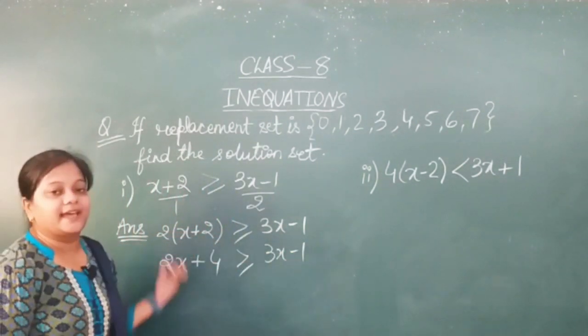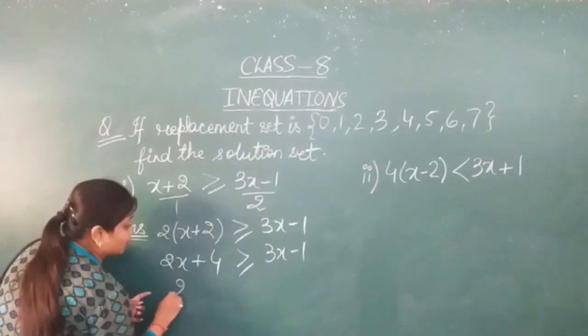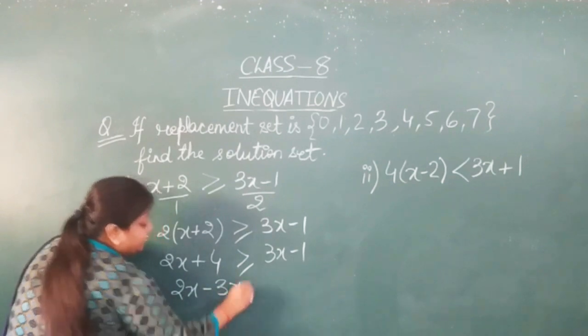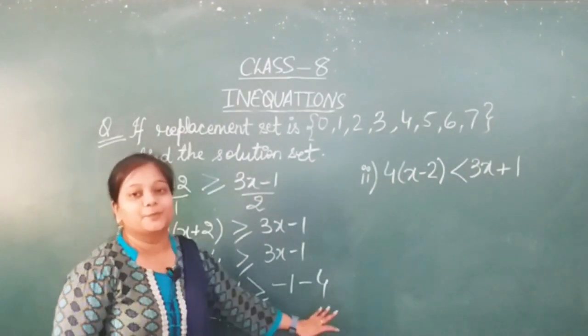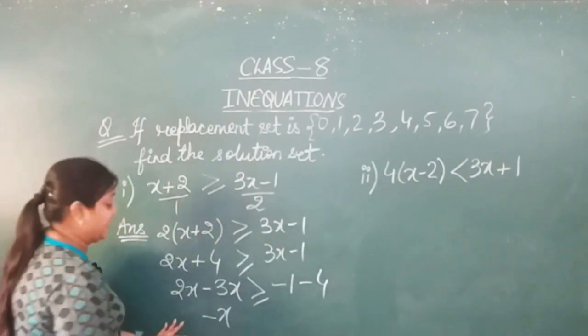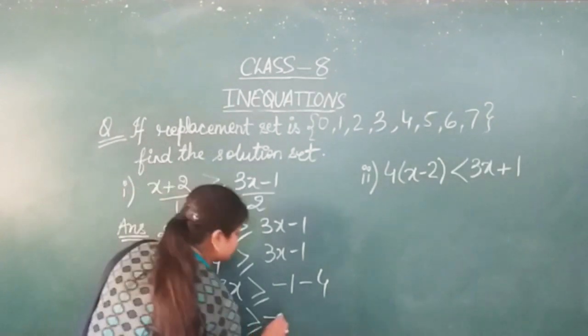We will take all the x on one side and all the numbers to other side. We will get 2x minus 3x greater than or equal to minus 1 minus 4. Solving it, we will get minus x is greater than or equal to minus 5.